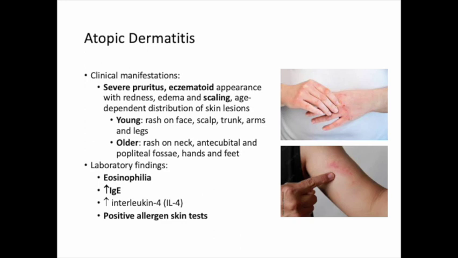For our younger patients, it's usually found on their scalp, their trunk, their arms, legs, and even on their face. And older patients will present more in the antecubital space, on their neck, their hands, and their feet. However, I have a couple of children and a couple of other family members that have eczema, and young and old, they kind of present all in the same areas.